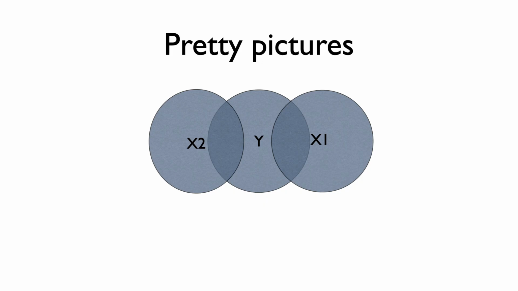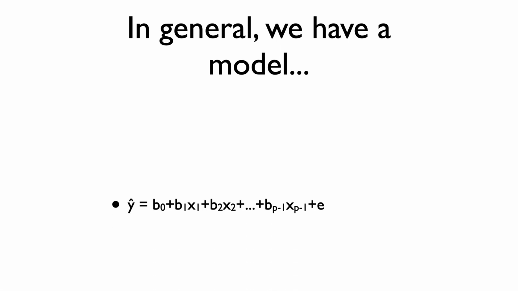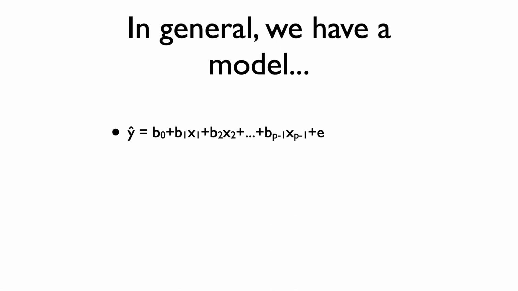The math's a little more complicated than that, but not a lot more. It's not that bad. So in general, we have a model that looks like this. Remember before we had a model with just univariate regression, one variable regression, which was y equals a plus bx plus e, right? So here we have, y hat rather, y hat equals b sub 0.